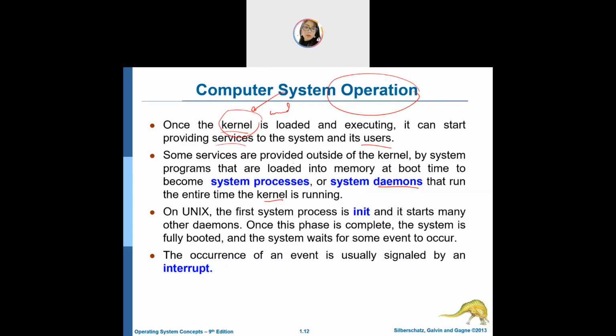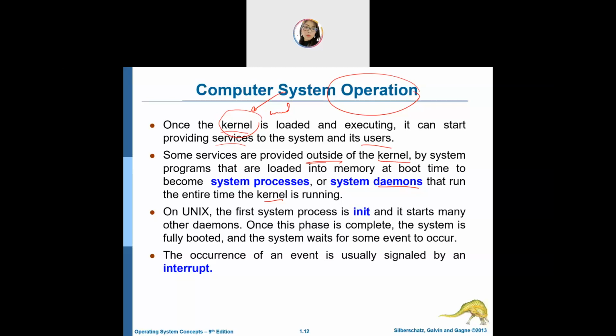Some services are provided outside of the kernel, similar to Linux, where you need to manually install them. You can install directly in Linux, and sometimes you can also install outside. But in Windows, I think everything is already packaged, which is why you don't know about this.